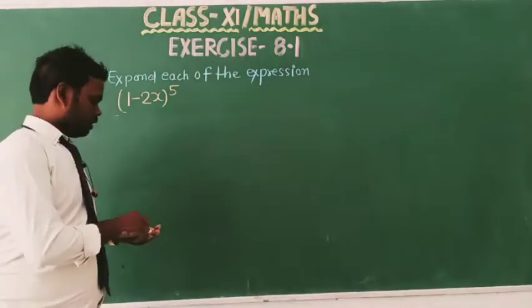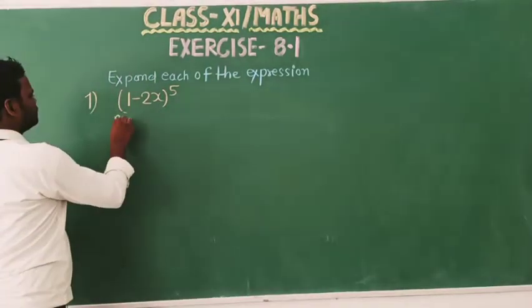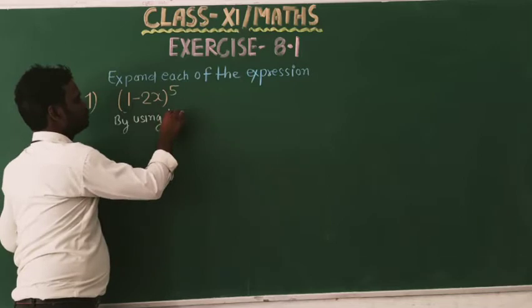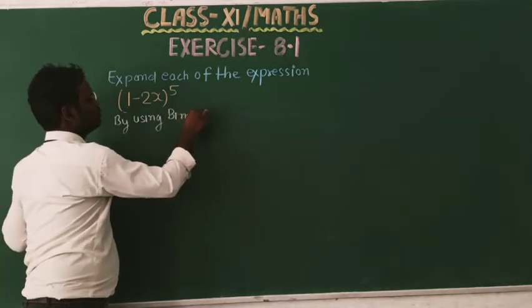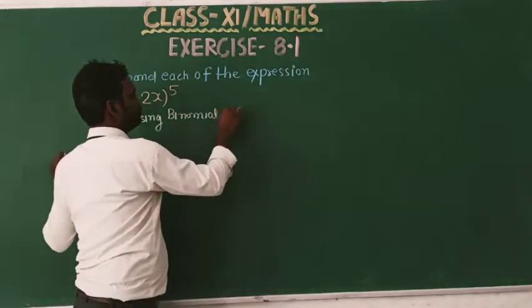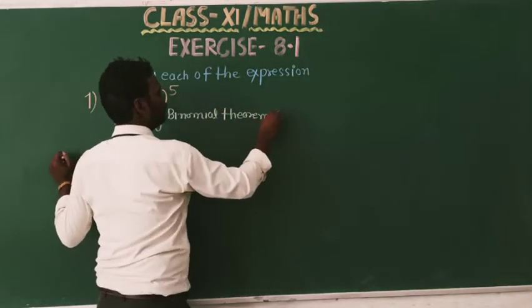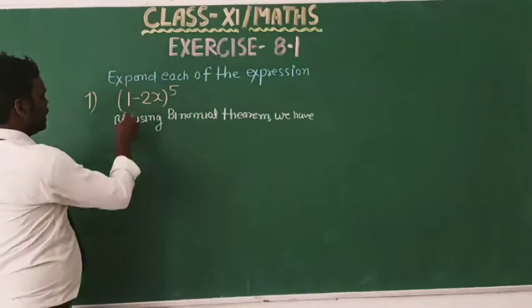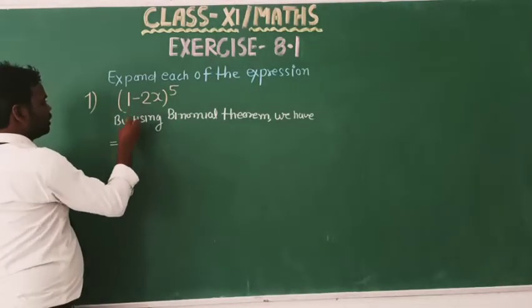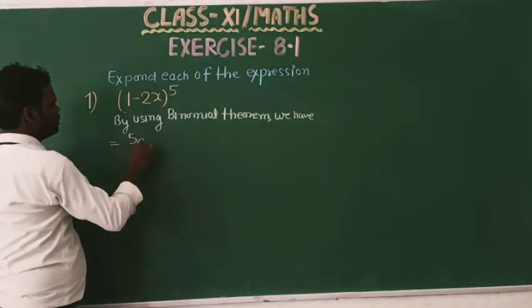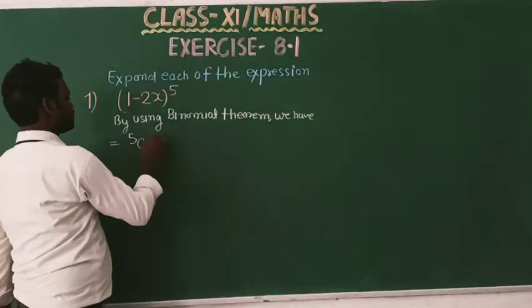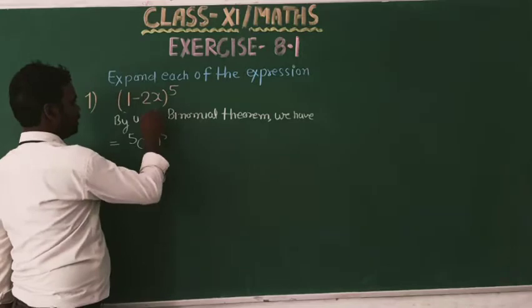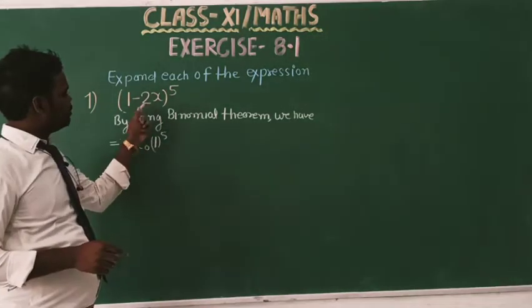We have 5C0, first term 1 to the power 5, and the second term (2x) to the power 0.